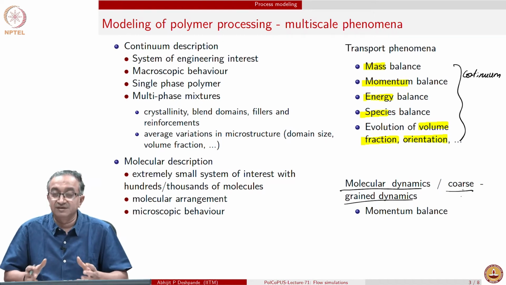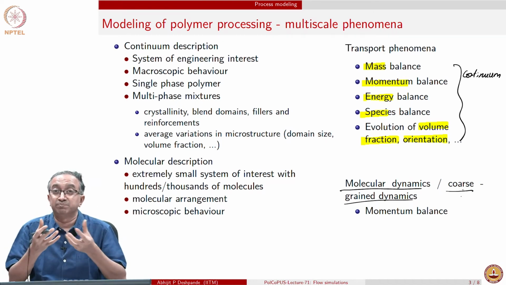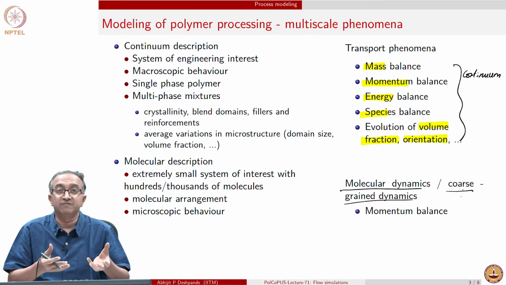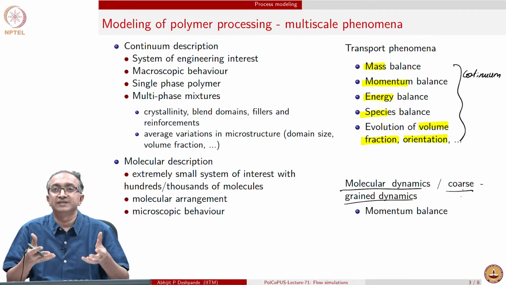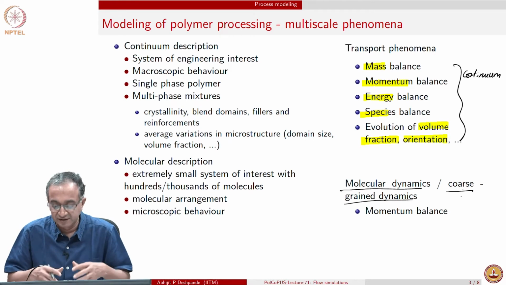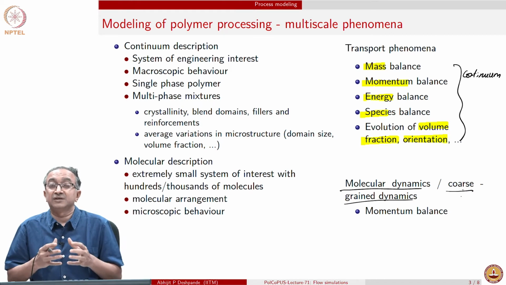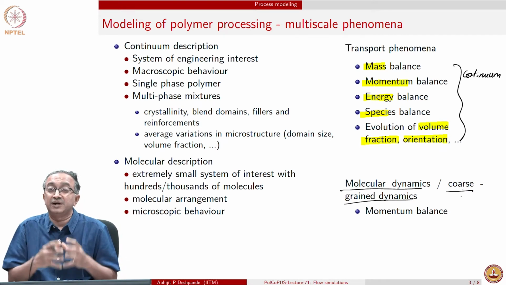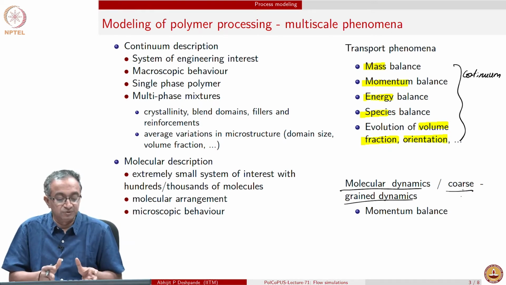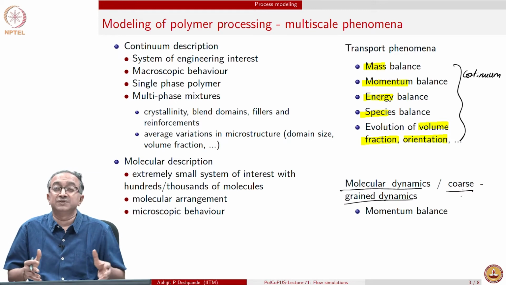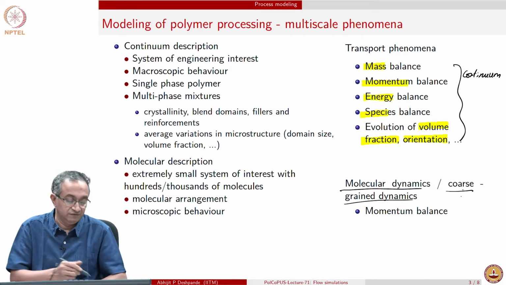So, we can write the momentum balance at the level of these so-called particles, which are quite often molecules, and we can then try solving these equations. And given that there are hundreds and thousands of atoms and molecule-representing particles, the solution in the case of molecular description is exceedingly slow, and therefore doing large systems with such methods is not very feasible at the moment.